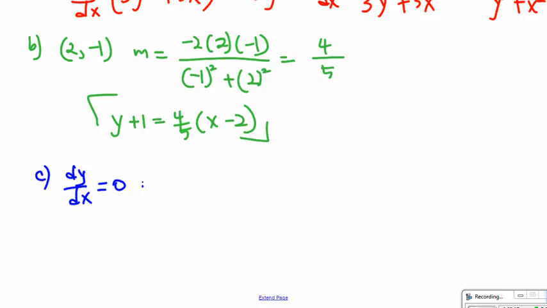So negative 2xy. In this case, we know that this will be true if x or y is equal to 0.